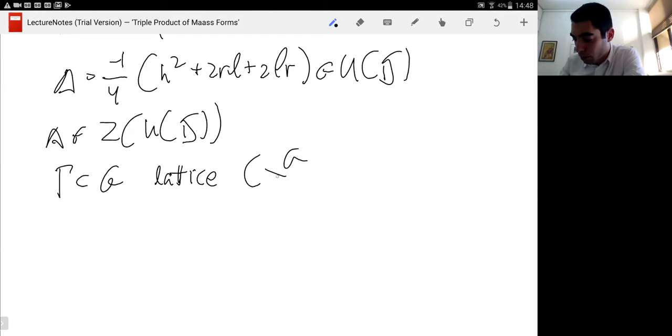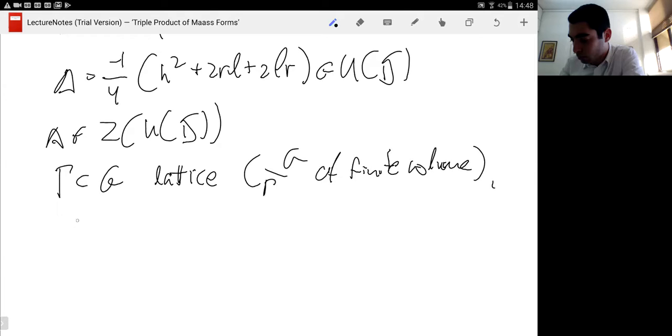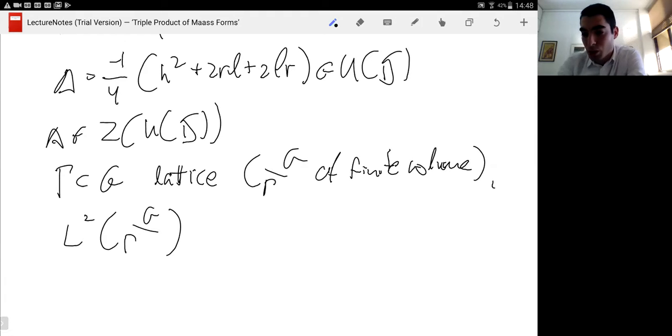Namely, we want this to be of finite volume. Two, G acts by right translation, so this thing is a Hilbert space representation of G.